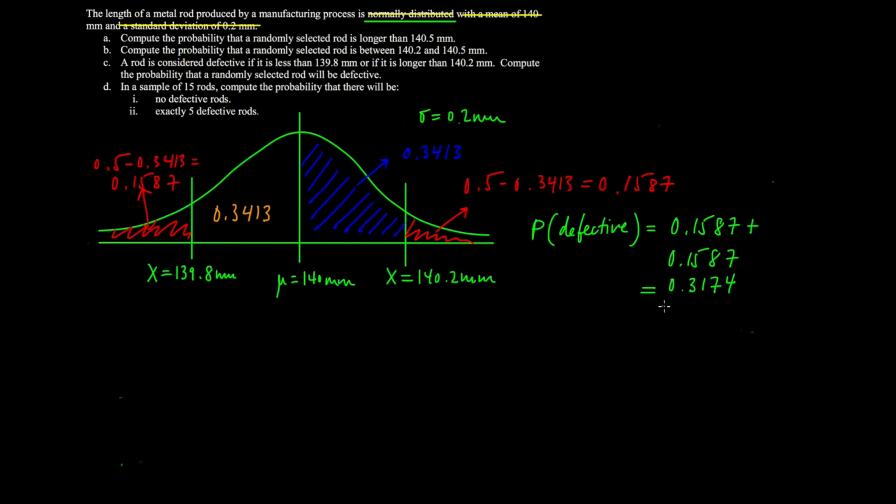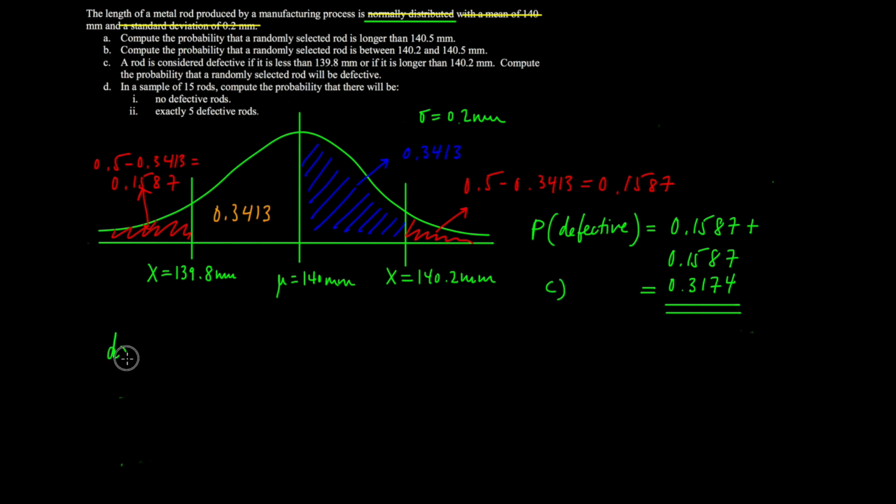Okay, so this is the probability of a rod being defective. So this is question C.